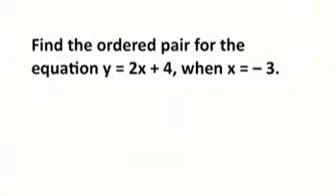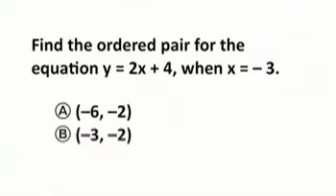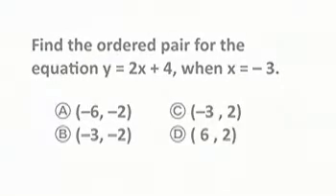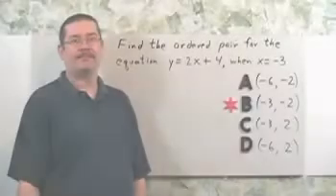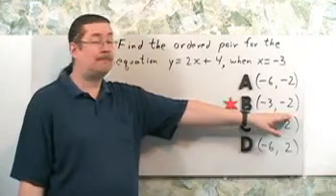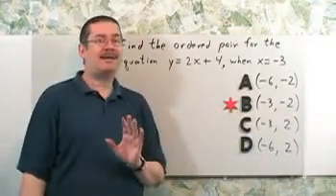Find the ordered pair for the equation y equals 2x plus 4 when x equals negative 3. The ordered pair is going to be negative 3 comma negative 2, which is choice B. Now let's talk about a test-taking tip here.